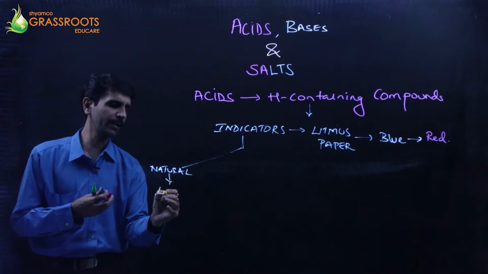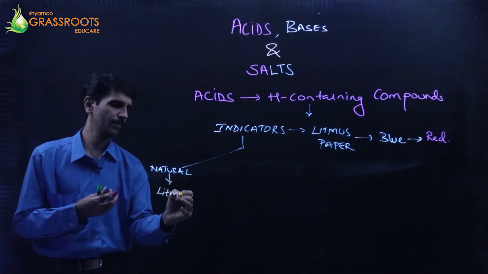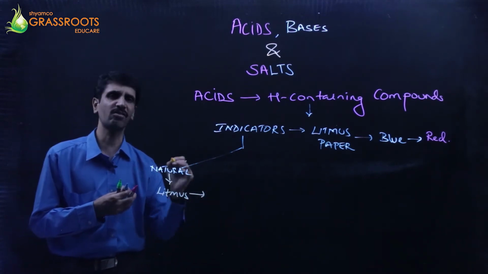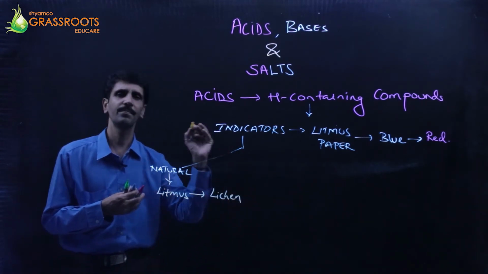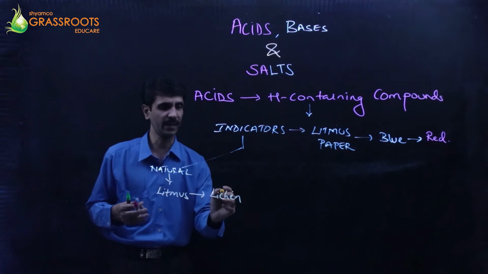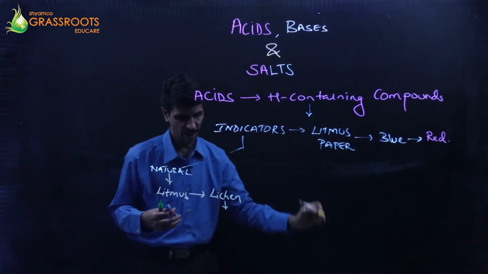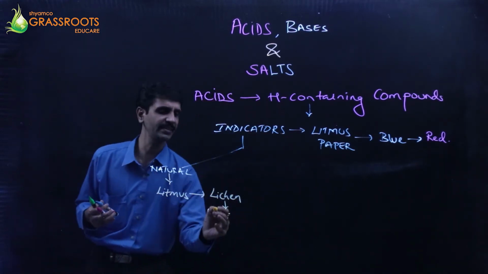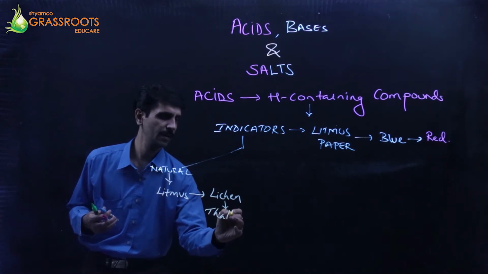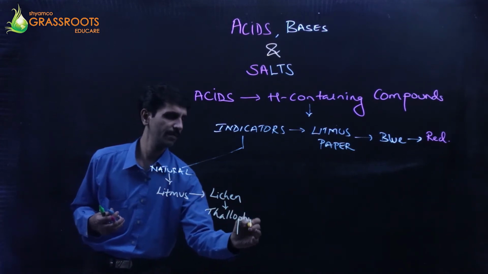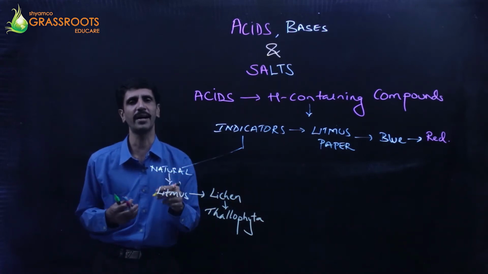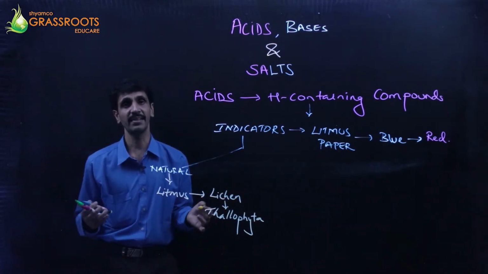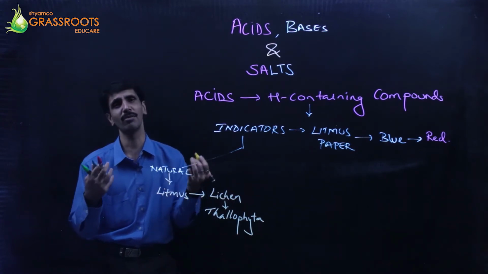Litmus is actually extracted from a plant called lichen. The family of this is Thallophyta. And when I talk about plants, you understand very well that it's going to be natural.